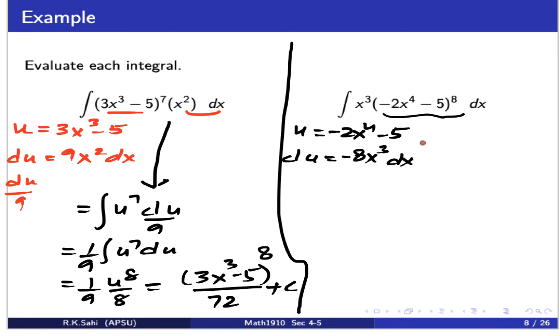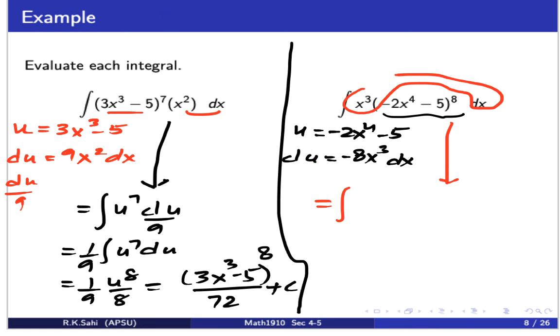And after that, guys, we just are going to do the u substitution to the original problem. Now this is x cubed. Now remember, x cubed dx, oops, sorry. The x cubed dx, guys, is like the du over minus 8 for us.